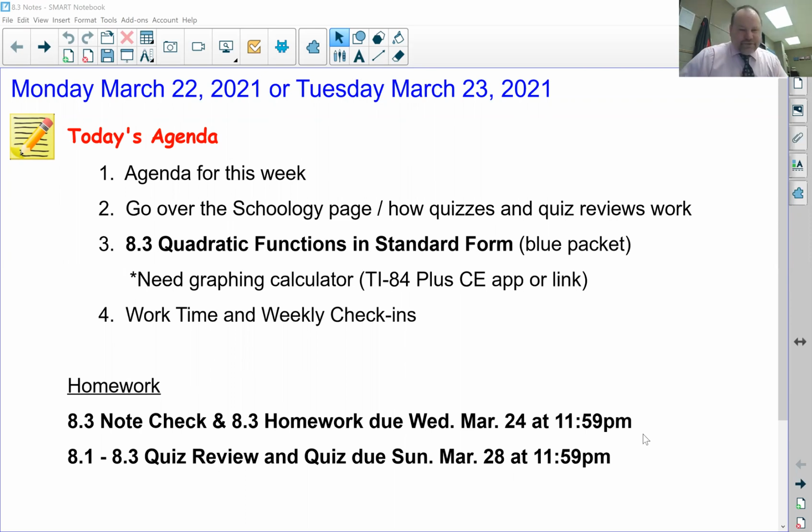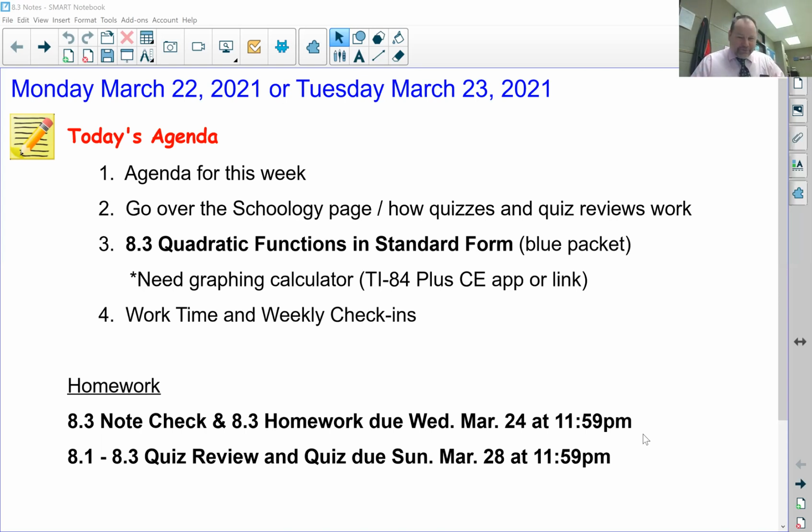It does say for 8.3 that you need a graphing calculator. That's not 100% true. A calculator may be helpful. Some students like to make their table of values for their graphs, and the calculator would be very good at helping with that.